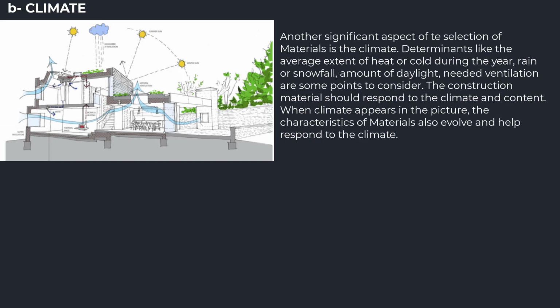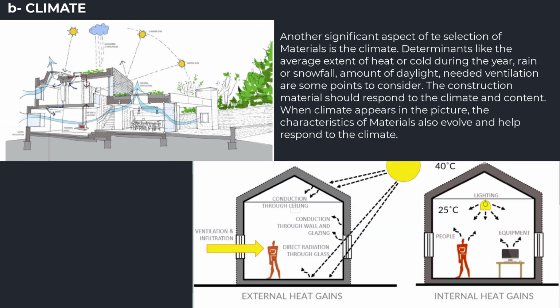Determinants like the average extent of heat or cold during the year, rain or snowfall, amount of daily light, and ventilation are some points to consider. The construction material should respond to the climate and context. When climate appears in the picture, the characteristics of materials also evolve and help respond to the climate.